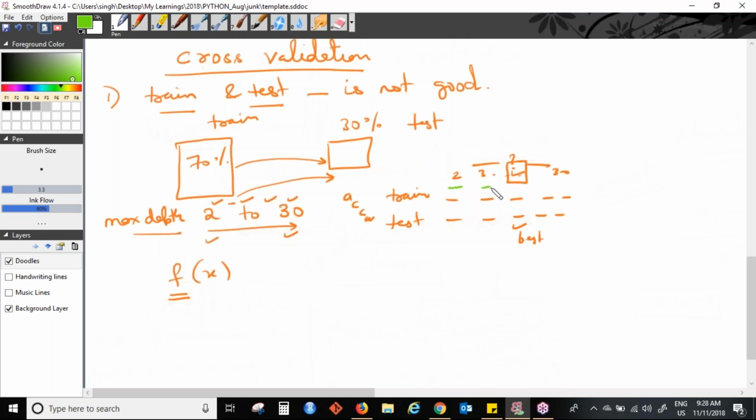Once you have figured that out, you will finalize your model, let's say f of x, which will have that best value of max depth. Okay, all clear till now? All clear till now, guys?